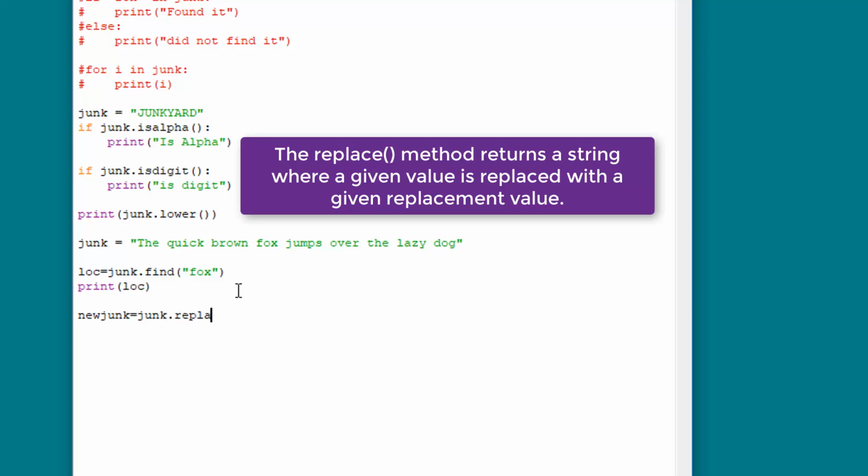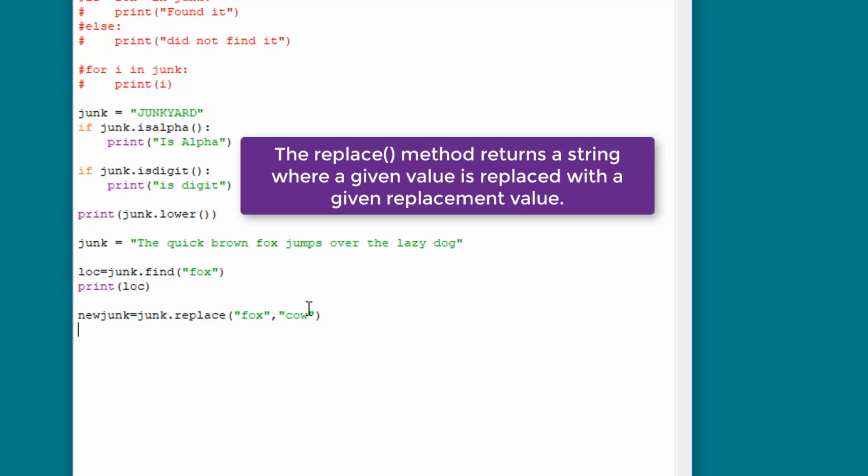So if we go replace, and in the string junk, so it's the method, and we're going to want to replace fox with cow. So what this is saying is it's going to run through the entire string, and wherever it sees fox, it will replace fox with cow.